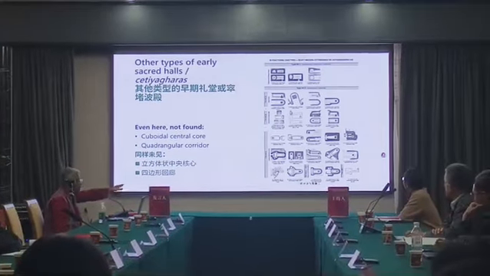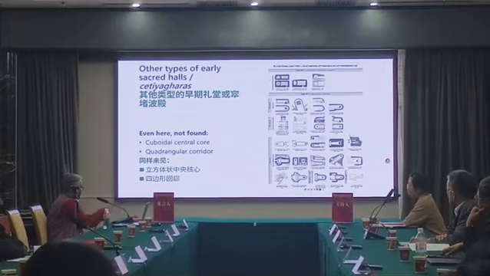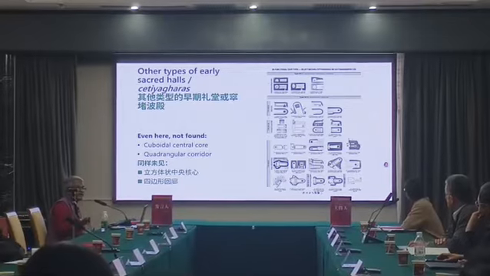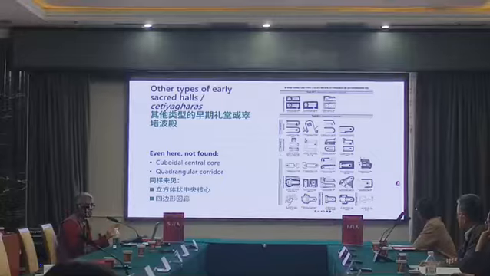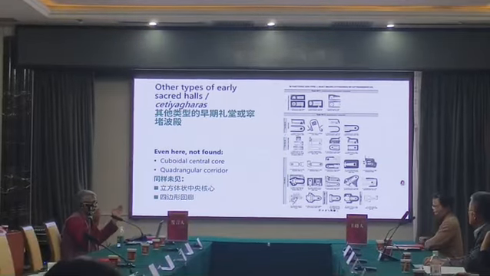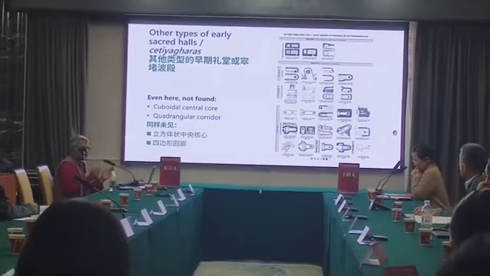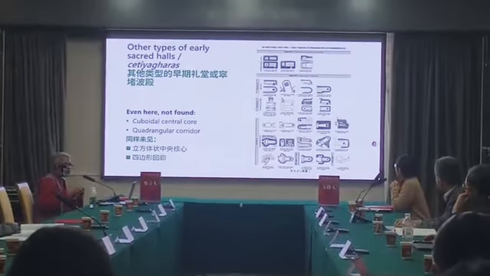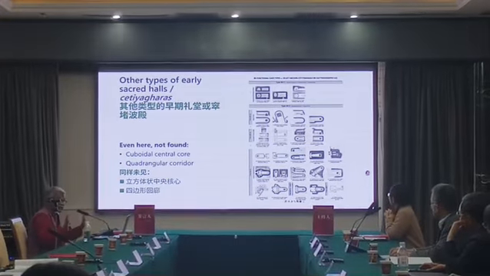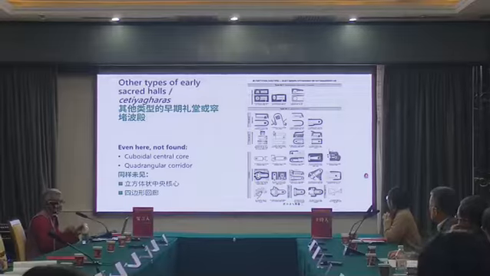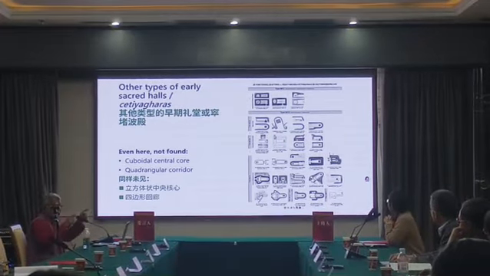And here I have Ellora also, which is about 7th century AD. So from the 3rd century BC to the 7th century AD, we are talking about nearly 1,000 years of development of the Buddhist sacred halls. These are not all. Many of the halls I have not included. They are simply some examples to convey the idea that the plan we are trying to find is not there.